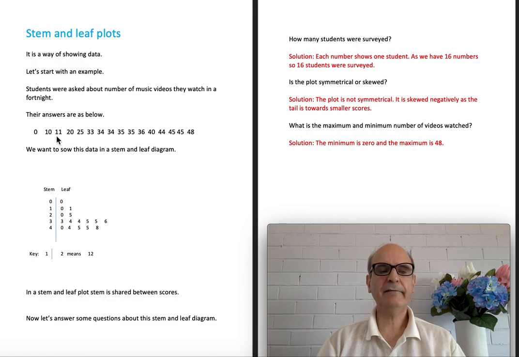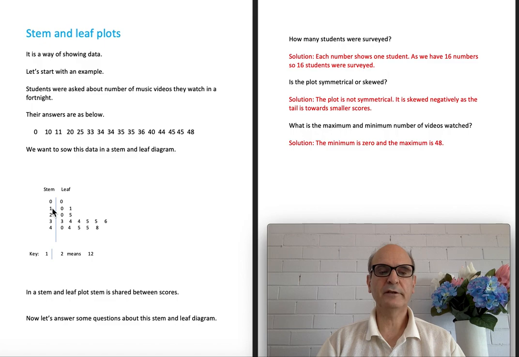For number 11, in its tens place it has 1, and in its ones place it has 1 again. Since we already have 1 in the stem, all the numbers on this row are going to share that 1 as their stem, or in this case as their tens digit.